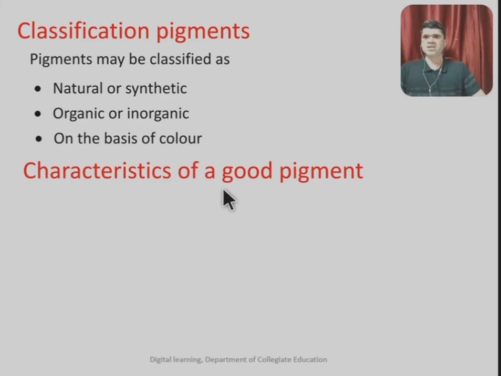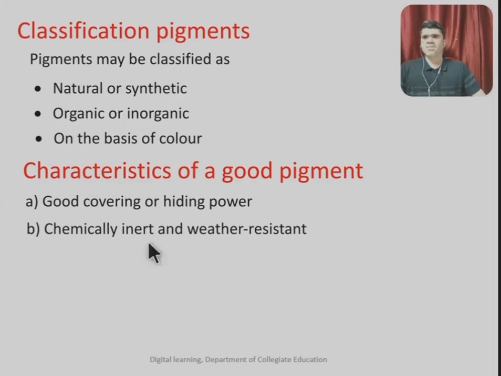Next we will see characteristics of a good pigment. What are the characteristics of a good pigment? Good covering or hiding power should be there. That means when we apply it on the surface, good covering property should be there for the paint. It should be chemically inert and weather resistant.